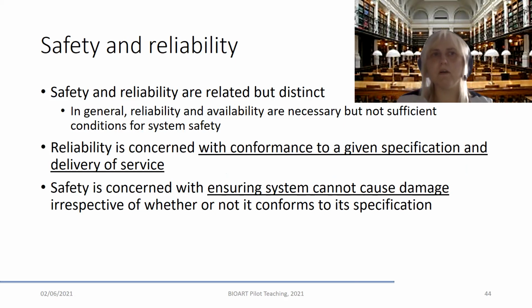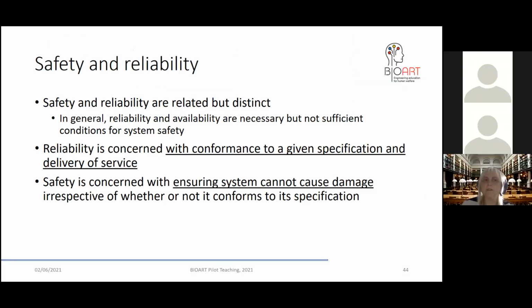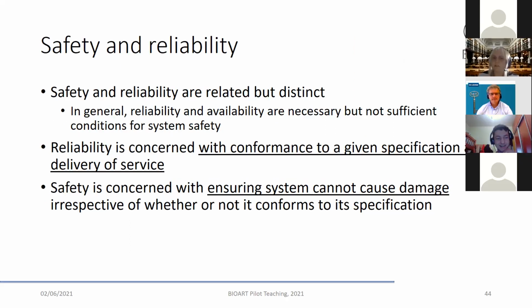If we are talking about safety and reliability, they are related but distinct. Reliability is concerned with the specification and functioning of the service, but safety is concerned with ensuring that systems cannot cause damage.